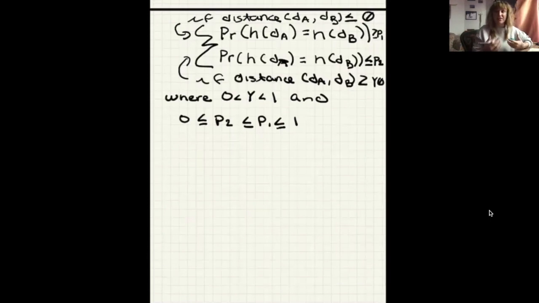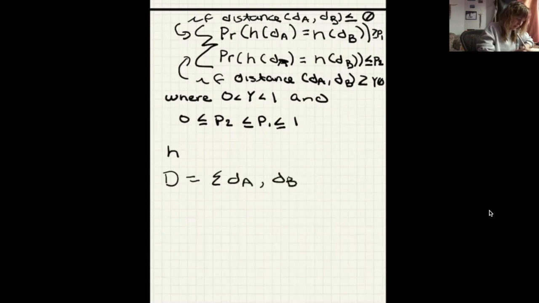So how do we start with a locality sensitive hash? We do that by hashing. We have our particular H selected, and we're going to take our data set, data point A, data point B, to data point N, and we are going to take every single one of them and hash it.